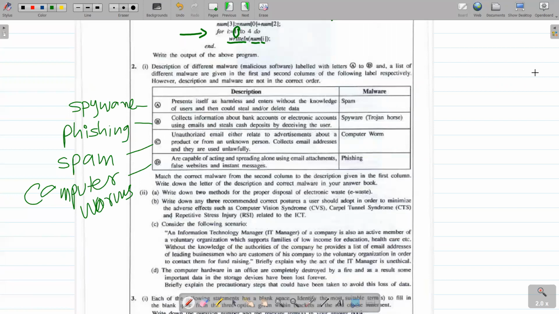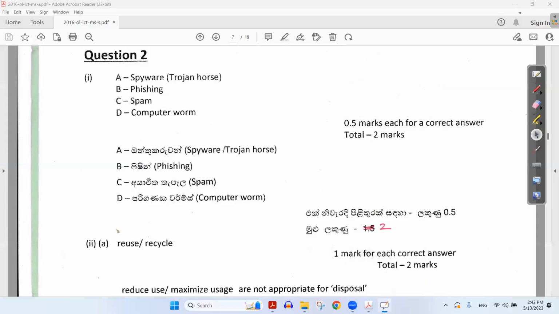Right, and the second part is talking about write down 2 methods for the proper disposal of electronic waste. Yeah, they are talking about proper disposal, right? So for that reason, they have taken the reuse and recycle, not reduce being taken.